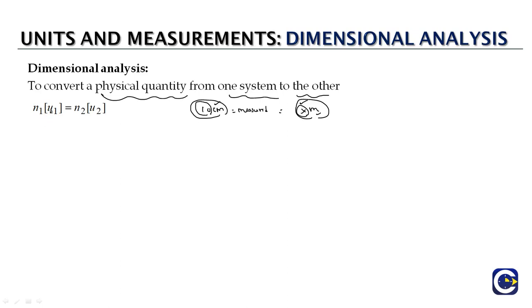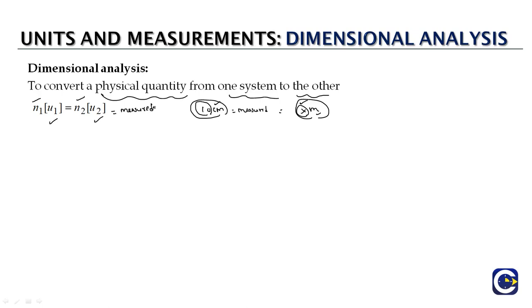To generalize, if in one system the unit value is u1 and in another system the unit value is u2, the measured value in the first system, n1, multiplied by u1, must be equal to the measured value in the second system, n2, multiplied by u2, because the total measured value must be the same across all the systems.